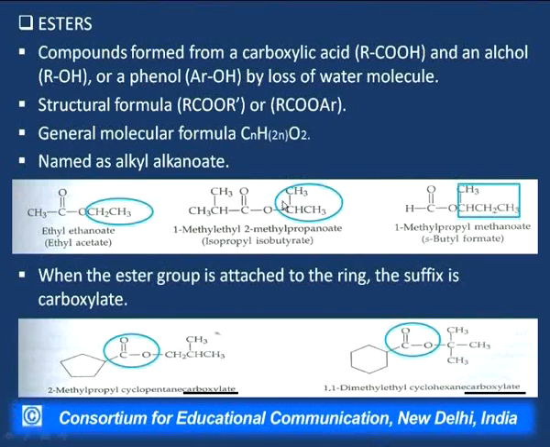So in this case, see again here two points have to be taken into consideration. One is the group which is attached to oxygen, the alkyl portion of the ester. That will come first, and the alkyl part which is attached to the main carbon chain, which is the methyl, will come later and will be written along with the name of the alkanoate.